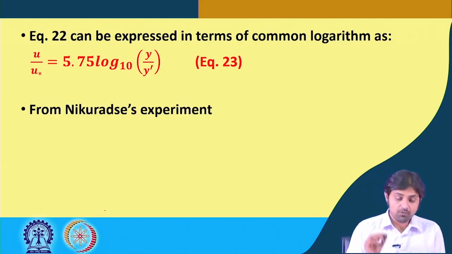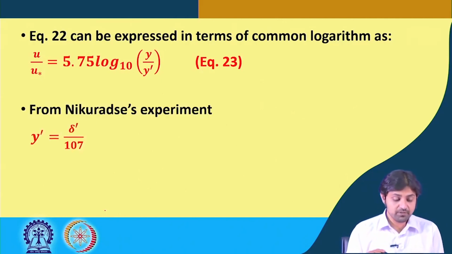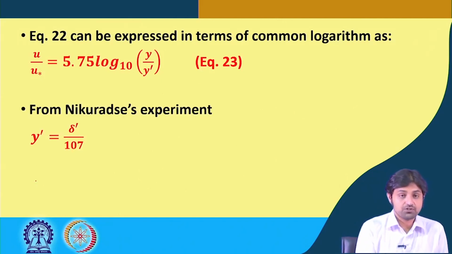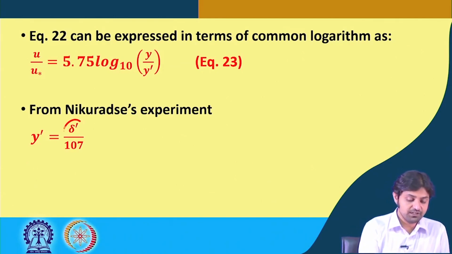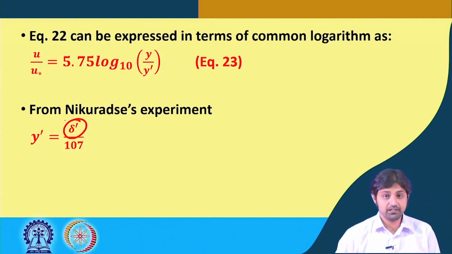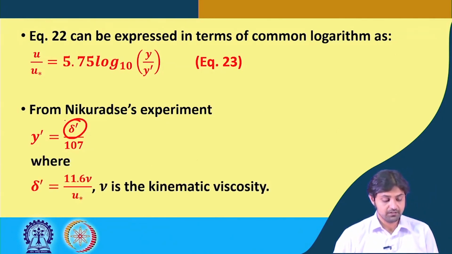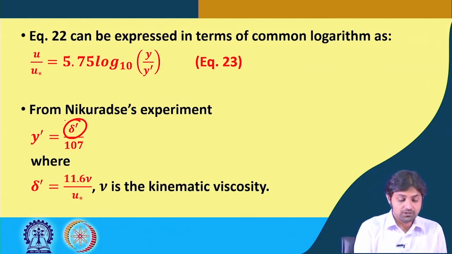and we get 5.75 log 10 y by y prime. Now again from Nikuradse's experiment, y prime has been found to be delta prime by 107, where delta prime is the thickness of the laminar sublayer, the viscous sublayer.